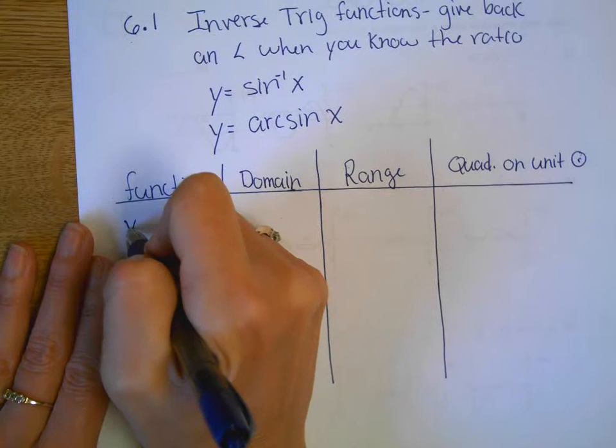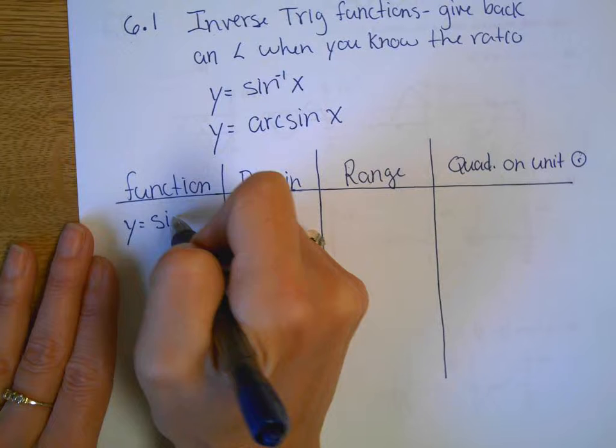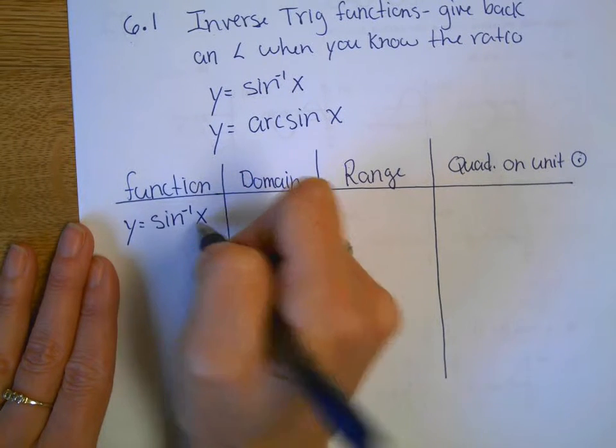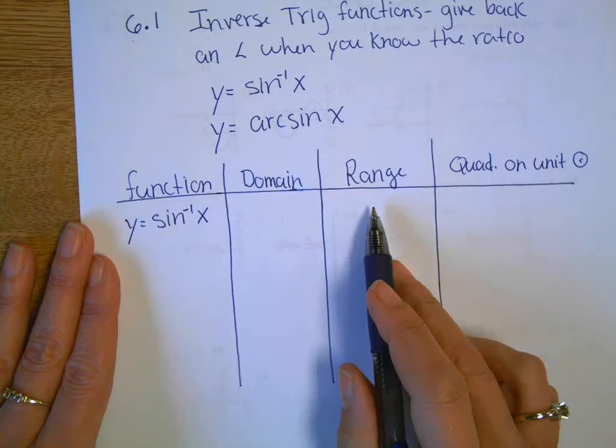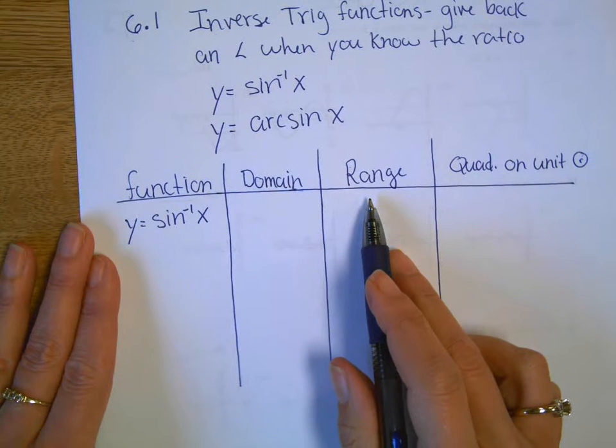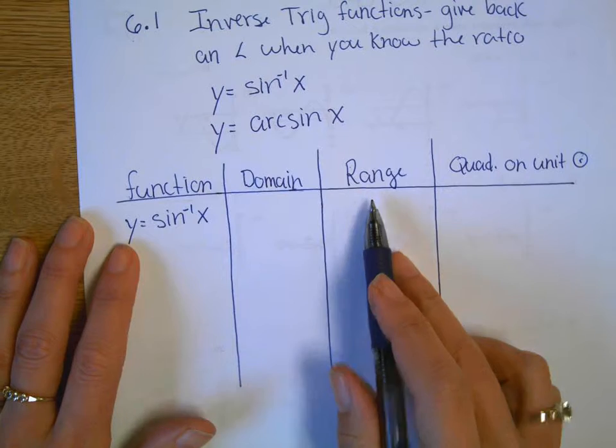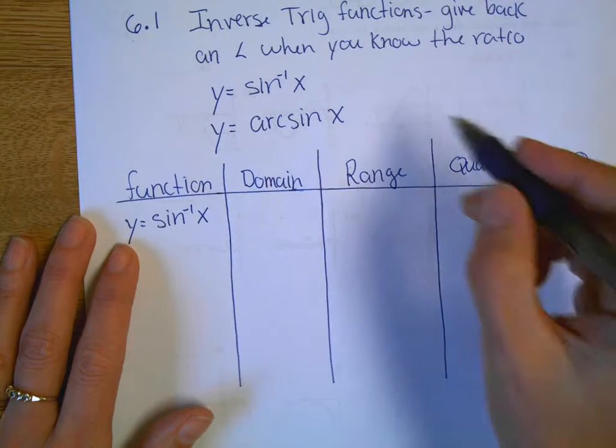Okay, so we'll do inverse sine first. The range on inverse sine. Range is what our y values are going to come out, our angles. Remember, x is the ratio. I should probably have said that up here.